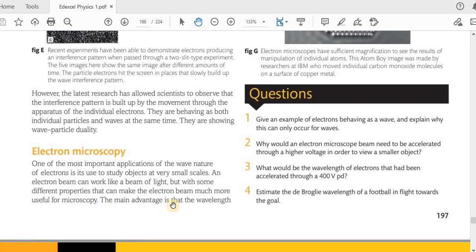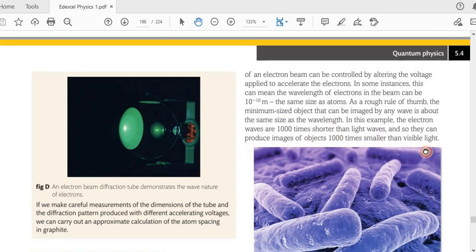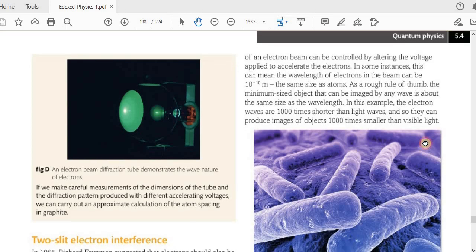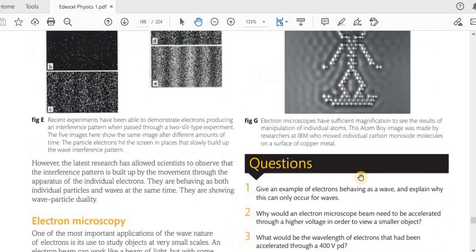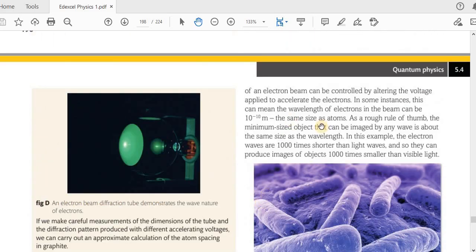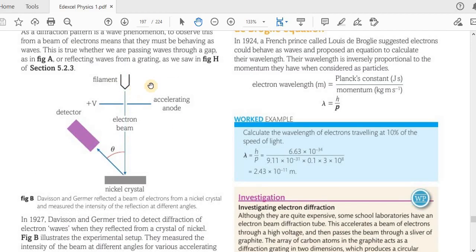The main advantage is that the wavelength of an electron beam can be controlled by altering the voltage. So you can see again, you can vary the wavelength of an electron beam by altering the voltage applied to accelerate the electrons. Now remember earlier we saw how the electron was accelerated.